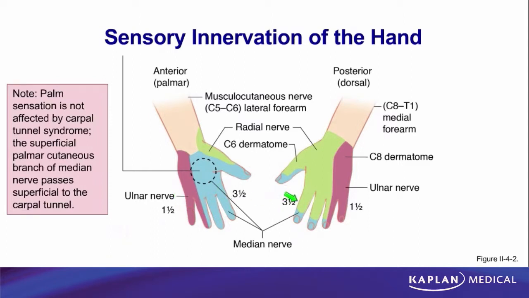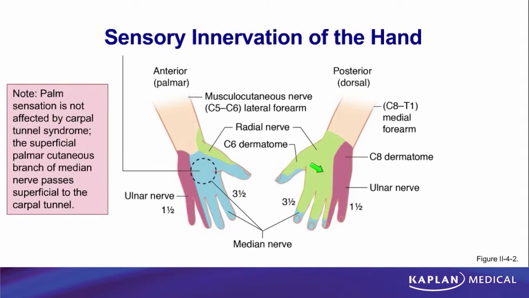And so you want to know the cutaneous sensory innervation of the hand. And that's summarized on this illustration. We see that the palmar side of the hand has two nerves involved, median nerve and ulnar nerve, with the boundary being the middle of the fourth digit. And on the dorsum of the hand, there are two nerves involved, radial and ulnar. Again, the middle of the fourth digit is the boundary.